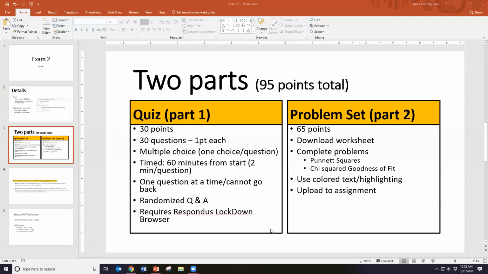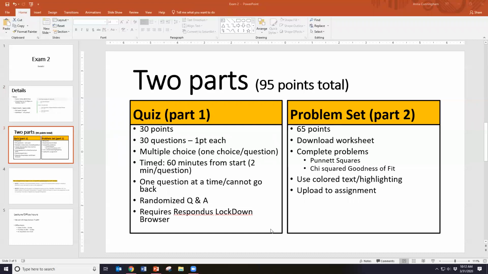So the problem set is 65 points. It's just like a part A, part B, part C worksheet. What you need to do is download the worksheet, do all the problems. The problems will require you to do some Punnett squares, look at some genotype and phenotype predictions, and then it will also teach you a technique called the chi-squared goodness of fit test.